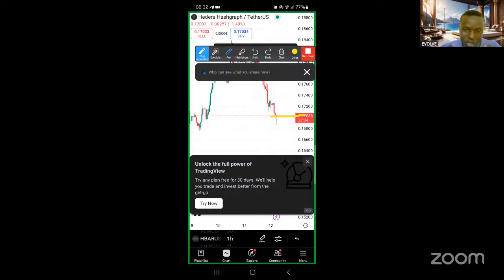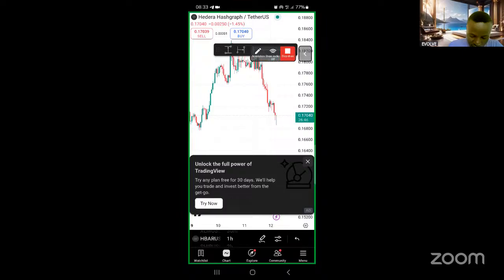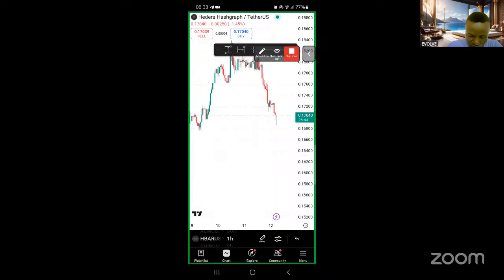Now, with this understanding of support and resistance, we can go ahead and put our lines. Let's start with support lines, the one that is below. With support, you are going to look back and see where the price changed from.